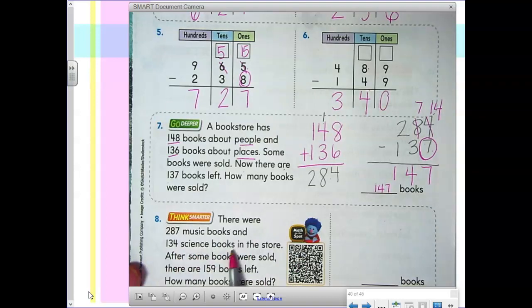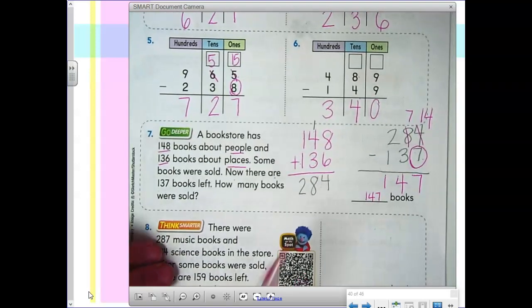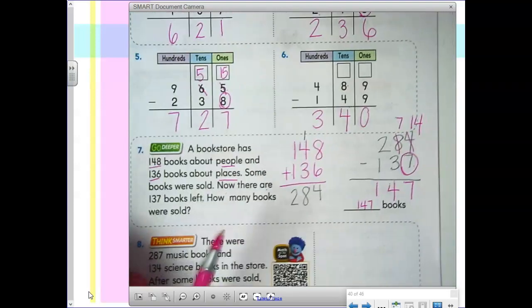After some books were sold, there are 159 books left. How many books were sold? So it sounds similar to number 7. All right, I will have this video attached to the lesson to see if you can figure it out. All right, so I want you to try to do number 8.